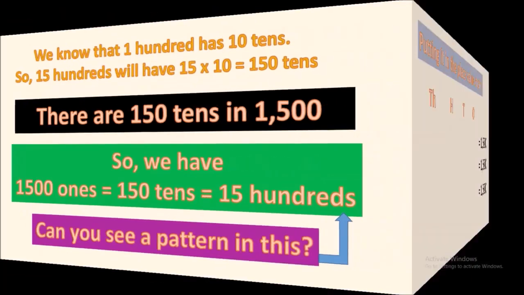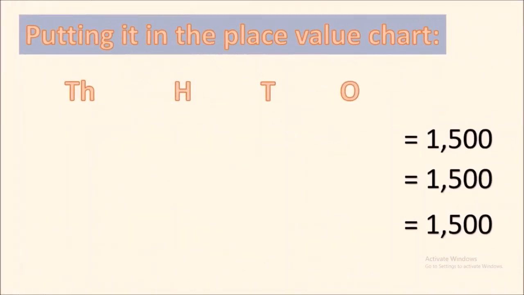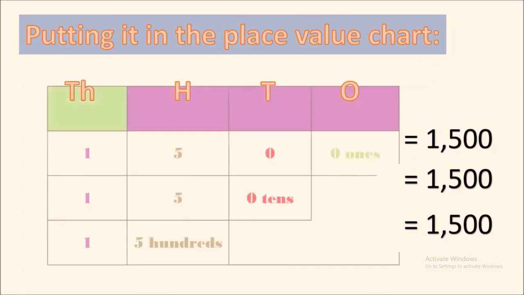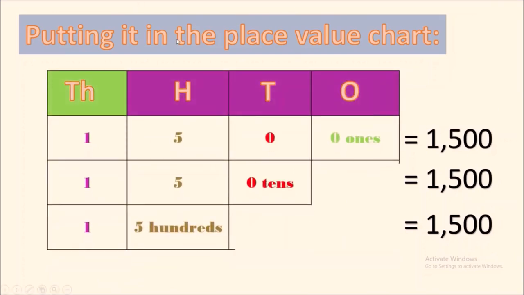Let's try to understand it better using place value chart. Putting it in the place value chart, we can see it clearly that to know how many ones, we have to take all the digits till the ones place.